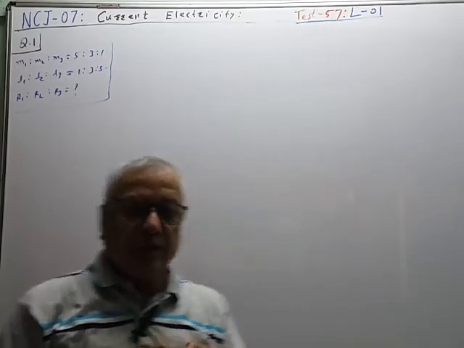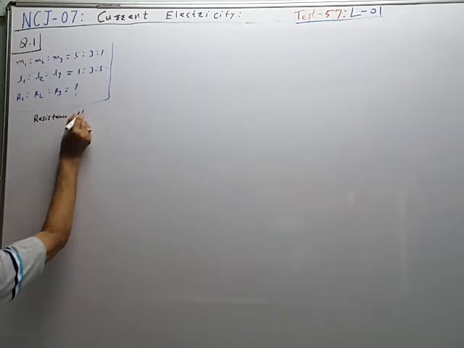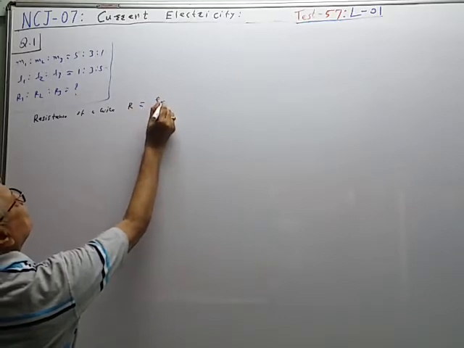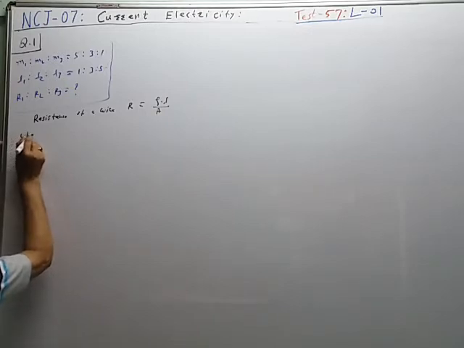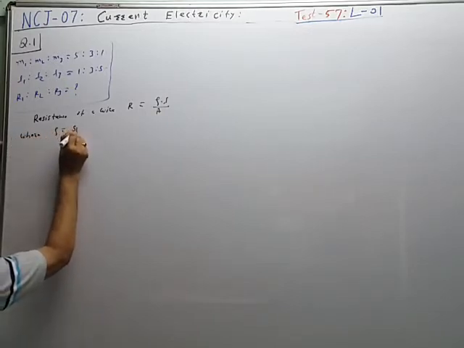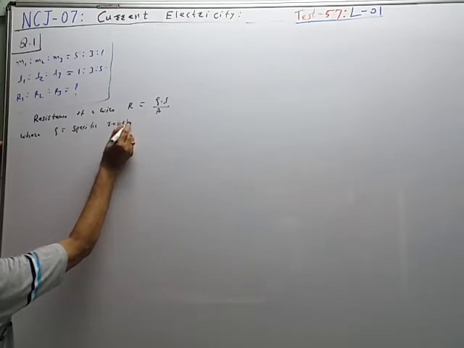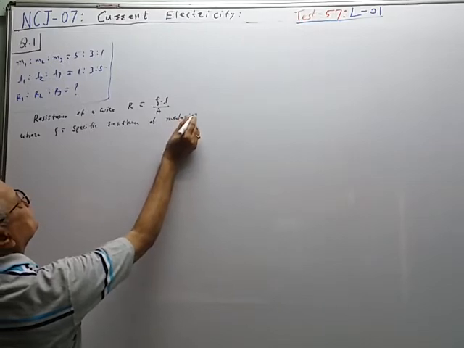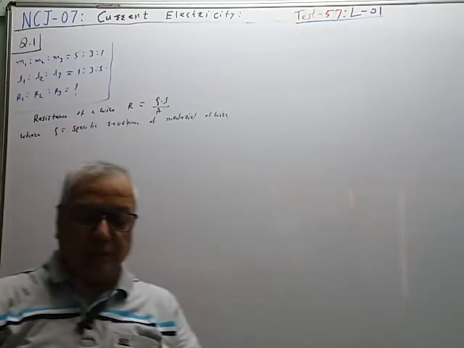So resistance R of a wire is given by rho into L upon A, where rho is equal to specific resistance of material of wire, here we are using copper material.